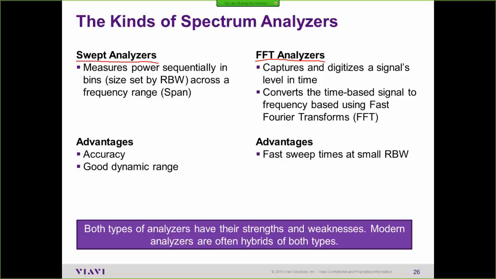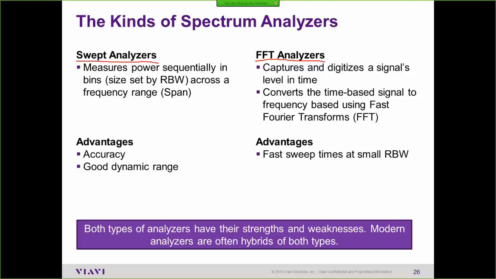A swept analyzer is a little more accurate if you're trying to get good accurate measurements. It has good dynamic range, which means you can measure small signals in the presence of larger signals better than an FFT analyzer can. But the main advantage of an FFT analyzer is it's fast.